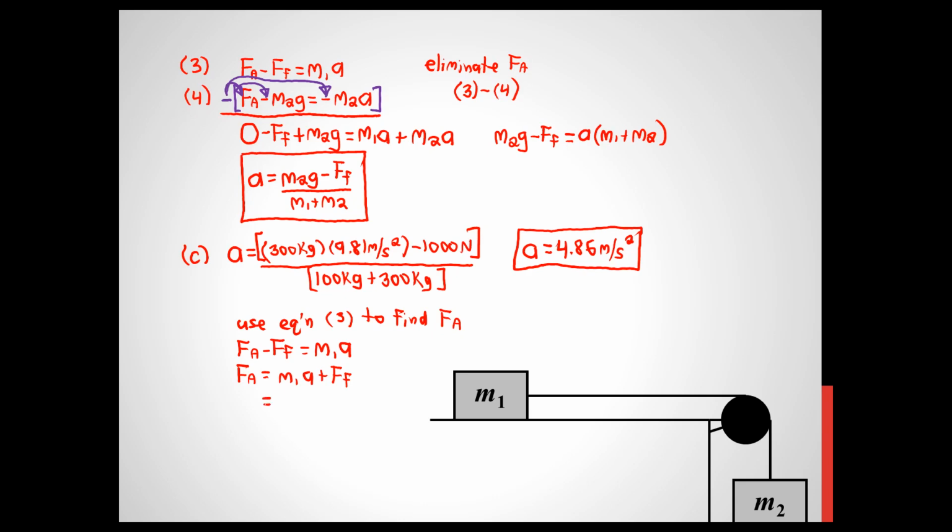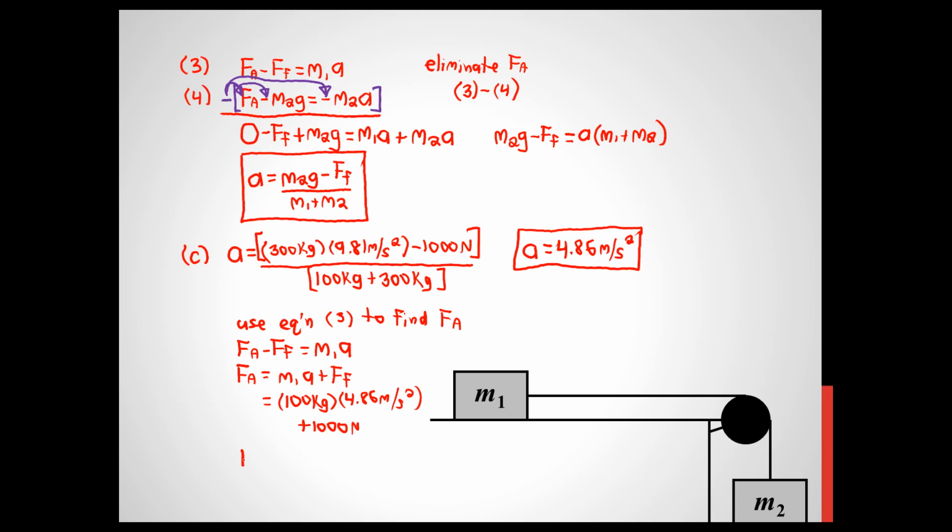Okay, now we can just plug numbers in. So M1, that's 100 kilograms. The acceleration is 4.86 meters per second squared, plus the force of friction value, which is given as 100 newtons.